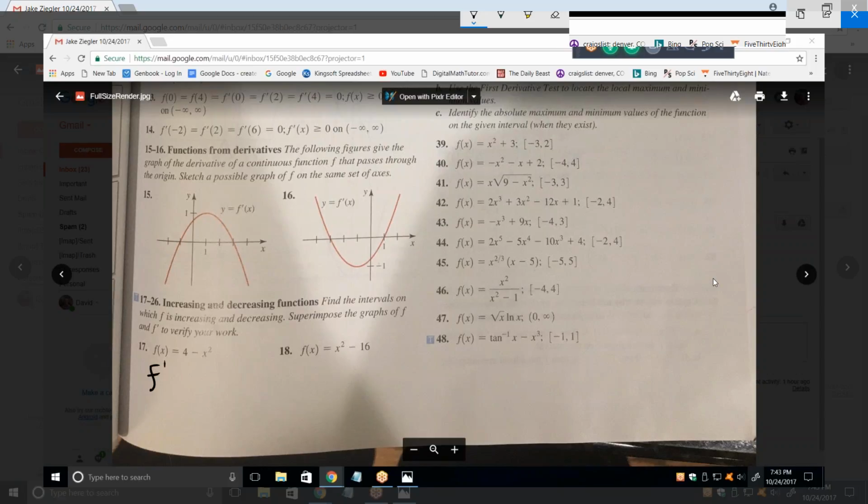That is almost always the first step, believe it or not. What is the first derivative? Negative 2x. Okay. Now, how do we tell where the original function is increasing and where it is decreasing?